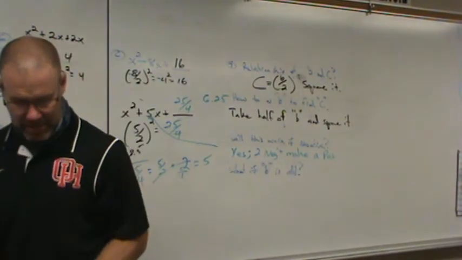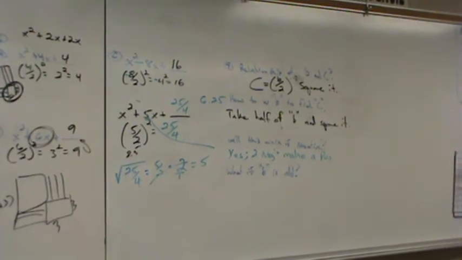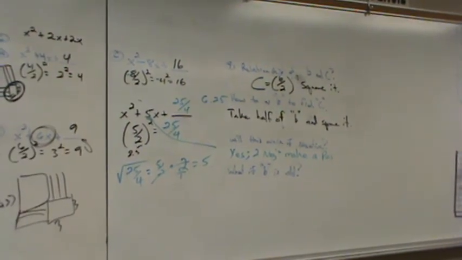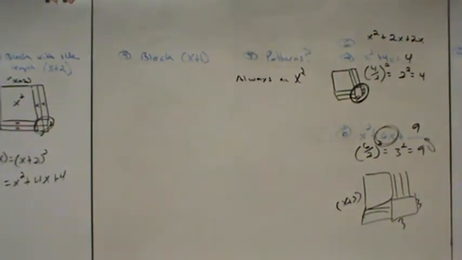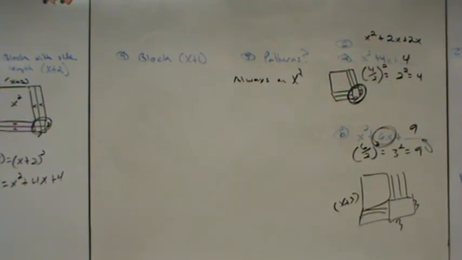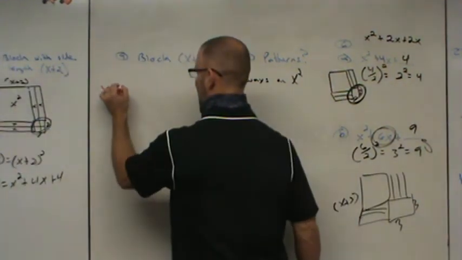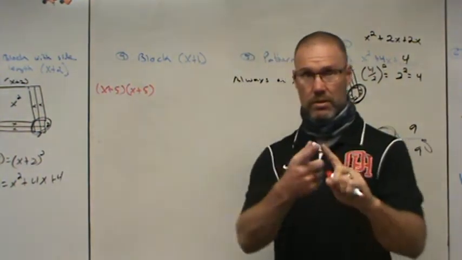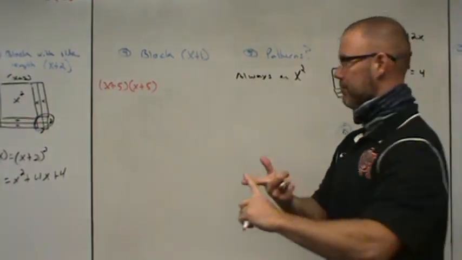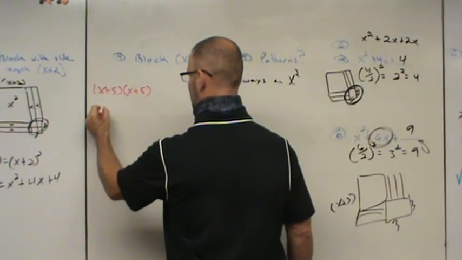And then the last thing I'm going to talk about is examples 7 through 10, which we did in class. Some people are done already. Good for them. Be working on that. Again, make sure you show your work. So 7 through 10. 7 is x plus 5 times x plus 5. The directions clearly state: multiply and circle your middle two terms.